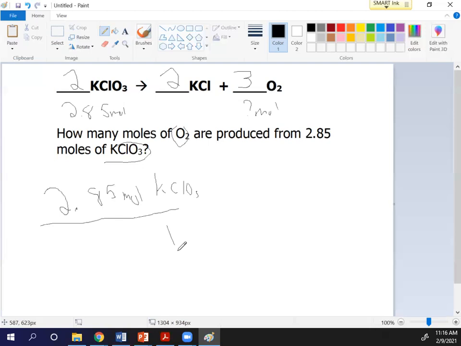I want to go to the moles unknown because I have question mark moles here. So I need to multiply that by the mole ratio. So still my same steps. Mole KClO3 is going on the bottom because whatever's on the top of your first step goes on the bottom of your next step.